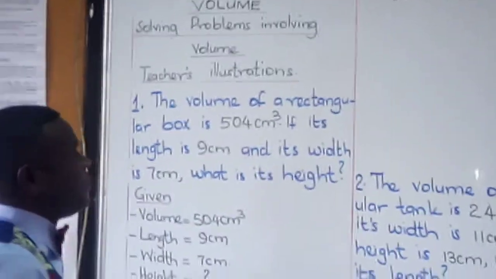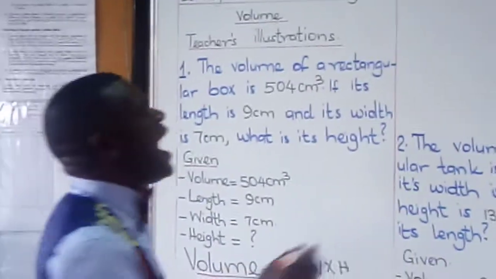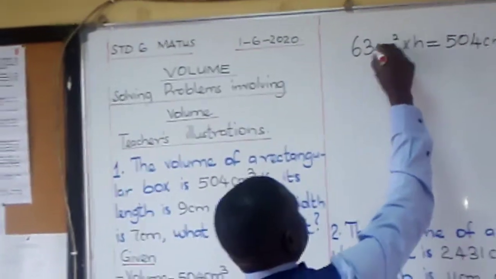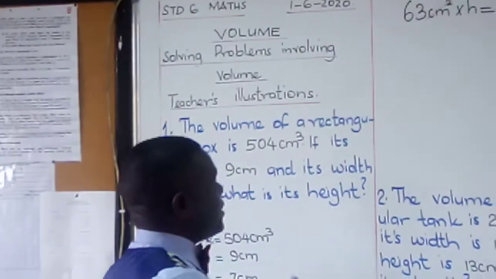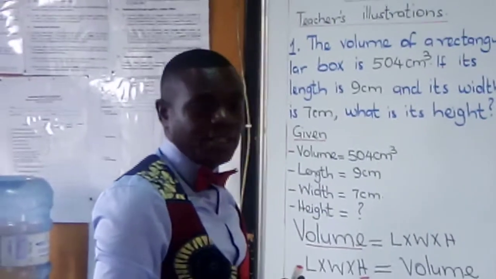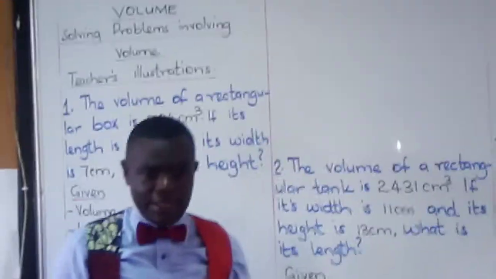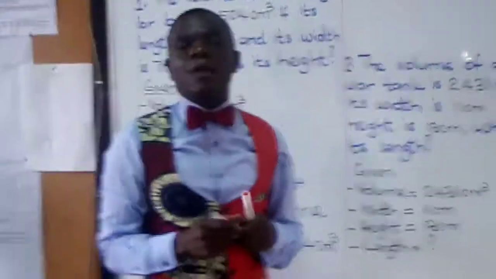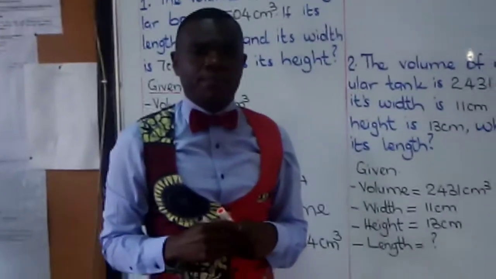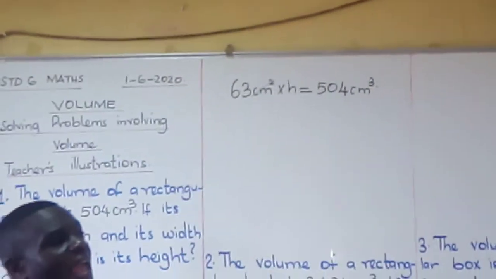Let us forget about the centimeter a little bit and take 63 times h. What does algebra tell us when we multiply a number by an unknown number? So this is 63 times h.